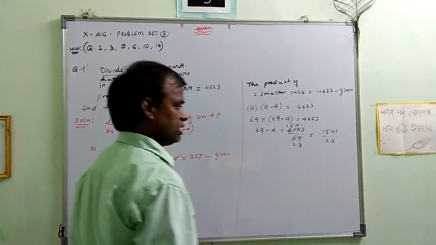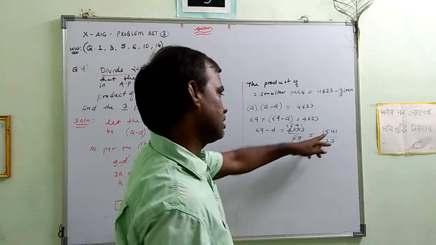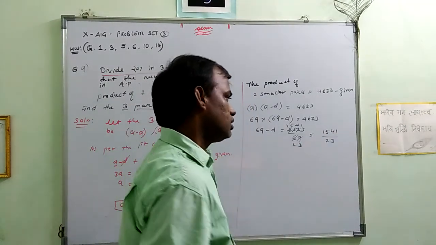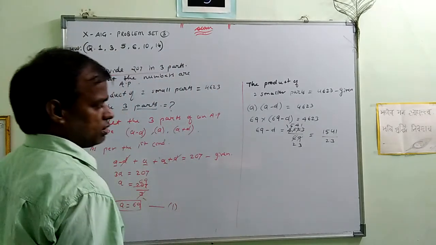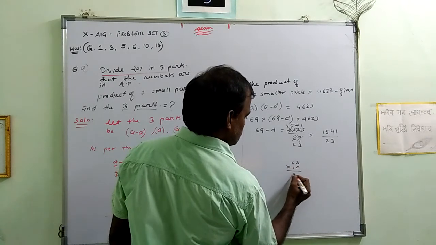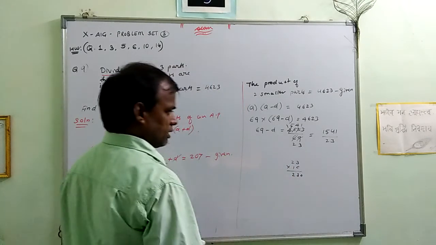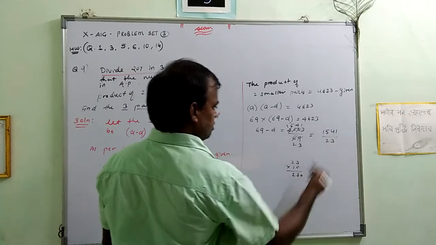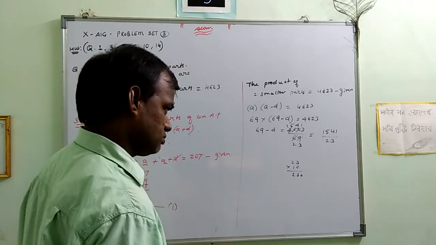23 table, we have to check in how many times you get it cancelled. 23 tens are 230, but we need 1541.